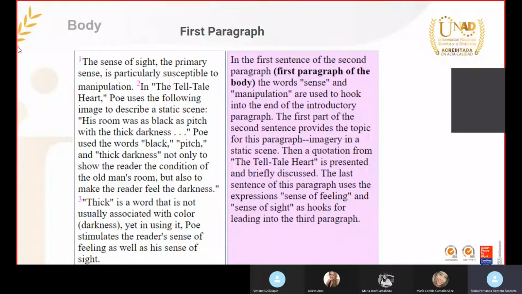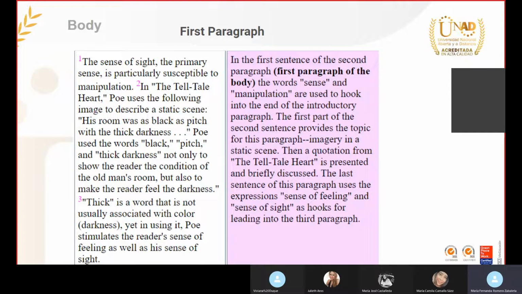So he uses a quotation from the story in this second sentence to support the idea. Okay, so he said that the words black, pitch, and thick darkness not only show the reader the condition of the old man's room, but also make the reader feel the darkness of the place.